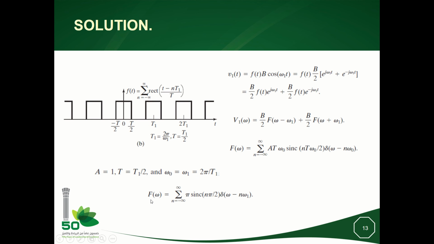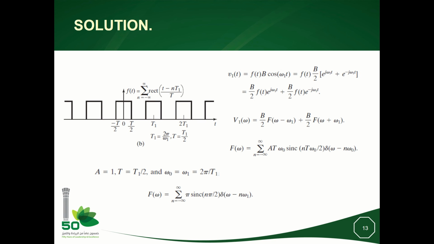So at the end, I will have a Fourier transform F(omega), which is a sum from minus infinity to plus infinity of a sinc function multiplied by a delayed pulse. And the delayed pulse is dependent on n, and n is a variable which varies from minus infinity to plus infinity.